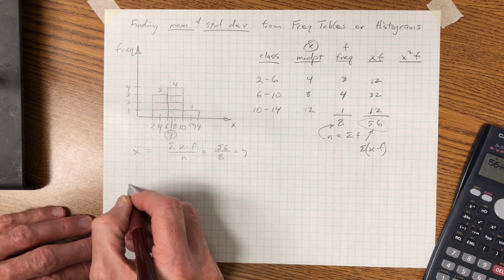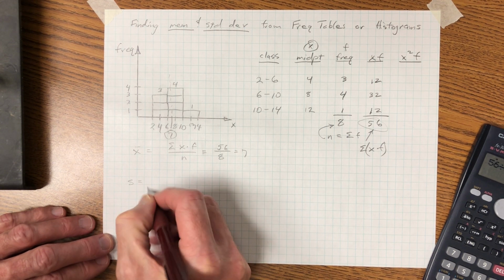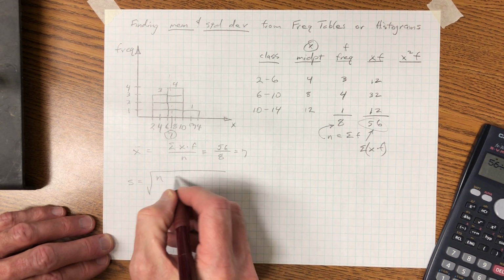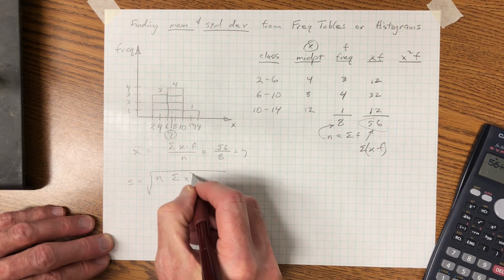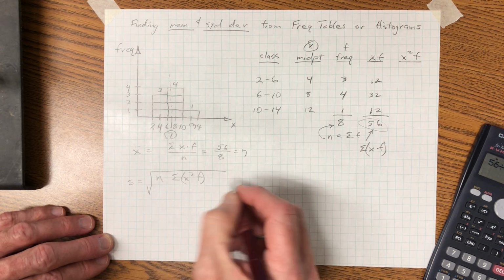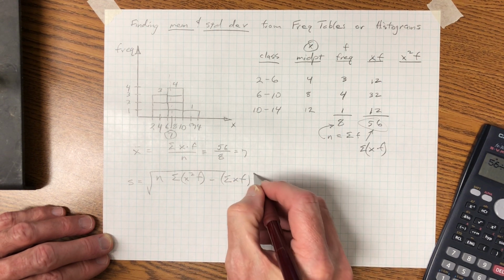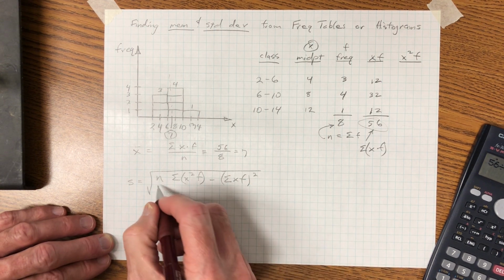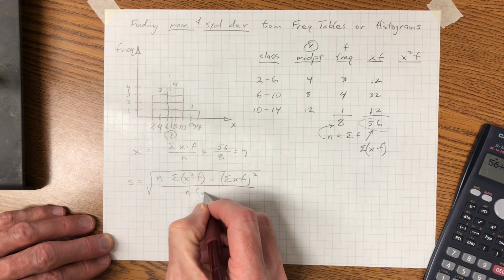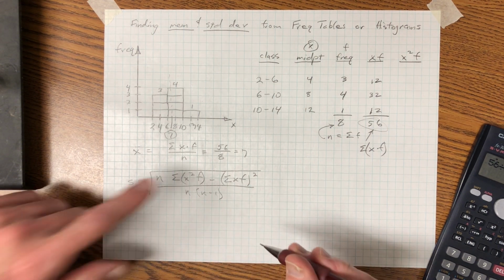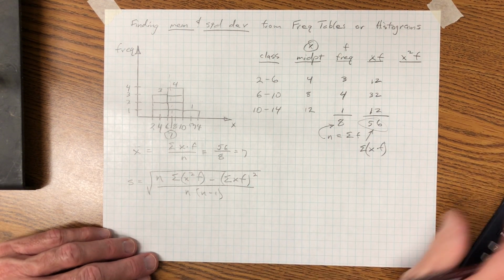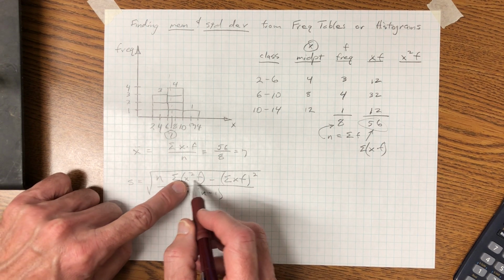Next, we're going to calculate the sample standard deviation, and that is n times the sum of the x squared f column, minus the sum of the xf column squared, divided by n times n minus 1. And then you take the square root of that whole thing. So we need a sum of an x squared times f column.